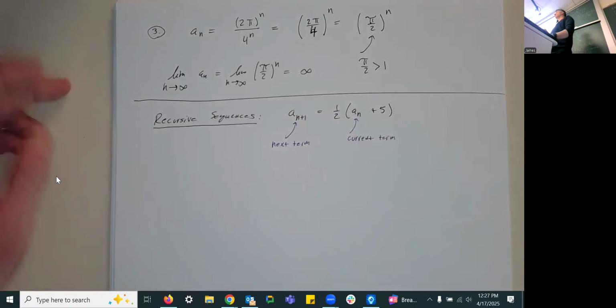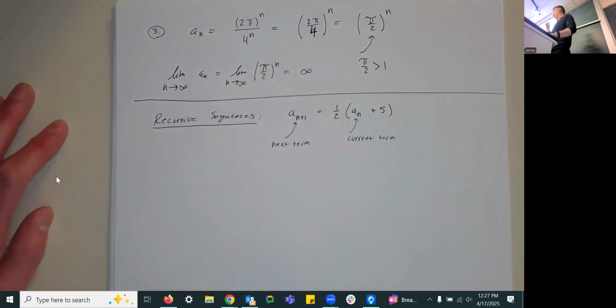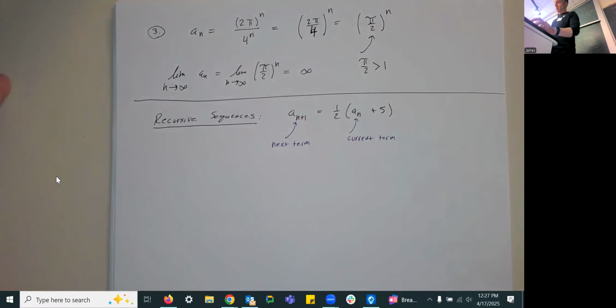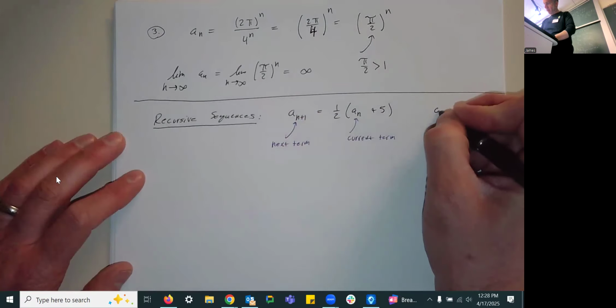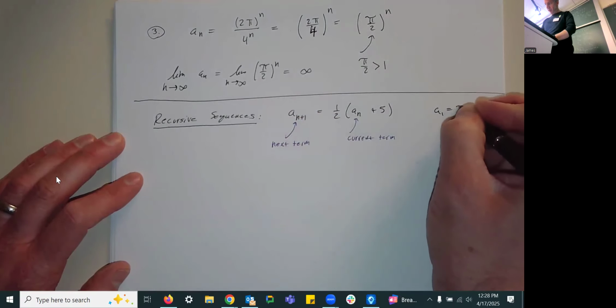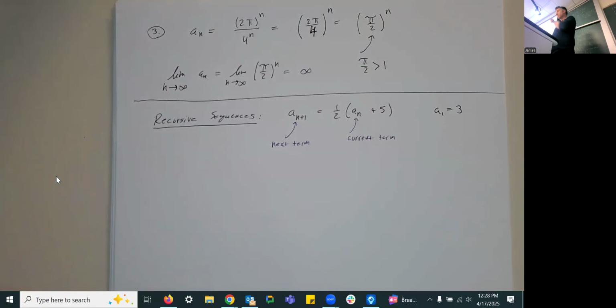With a recursive sequence, they have to give you a little bit more information. They also have to tell you what value you are starting at. So we're going to be given a beginning value of, say, a sub 1 equal to 3. So let's find some of the terms of this recursive sequence.